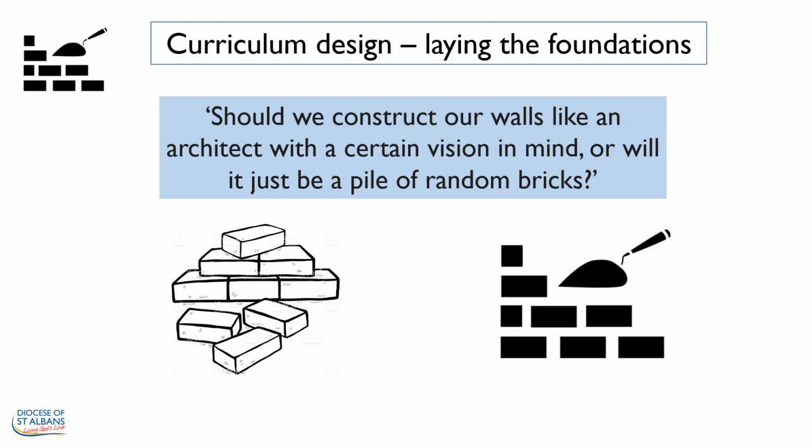Over the last 5, 10, 15 years throughout RE reports, there's been a real sense that curriculum design in RE, particularly in primary RE, has often been really weak. And part of the reason for that has been that there hasn't been a clear narrative or sense of progression from when pupils arrive at the school and when they leave.